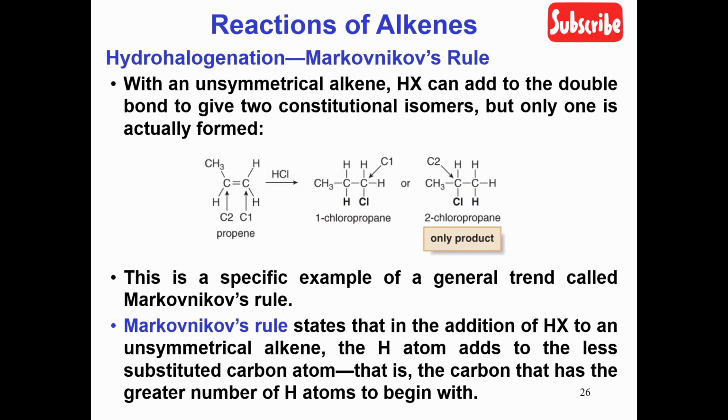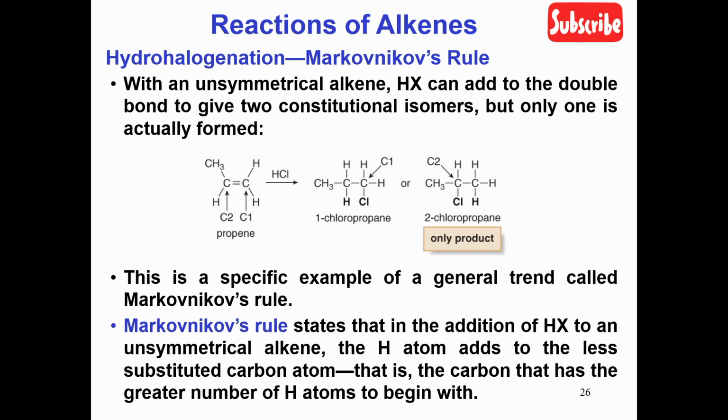When the alkene is unsymmetrical, or asymmetrical, it means that it cannot be divided into two equal halves. Then Markovnikov's rule will be employed. In Markovnikov's rule, we simply add hydrogen to the double-bonded carbon that has more hydrogens, so the carbon that has fewer hydrogens will be given the halogen.